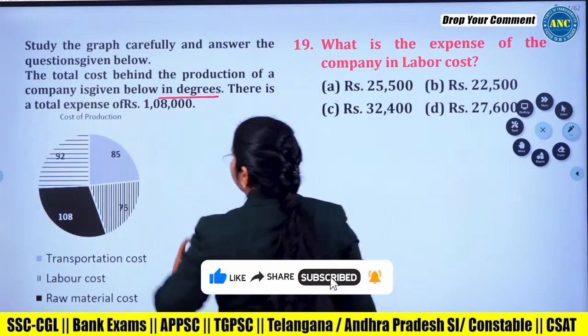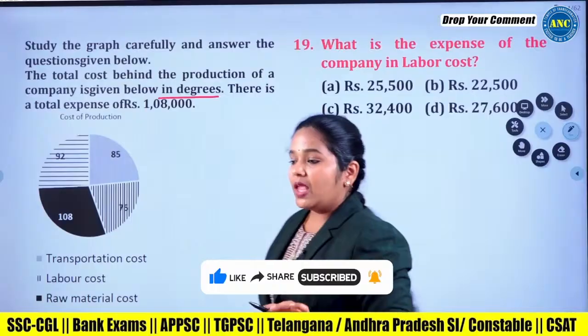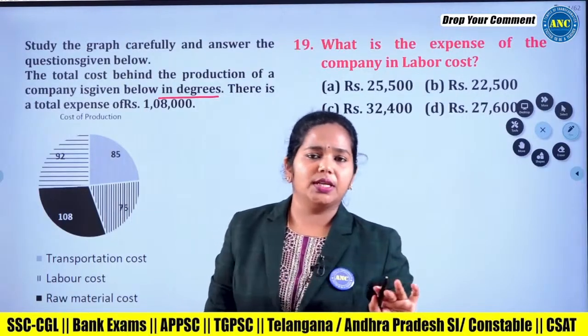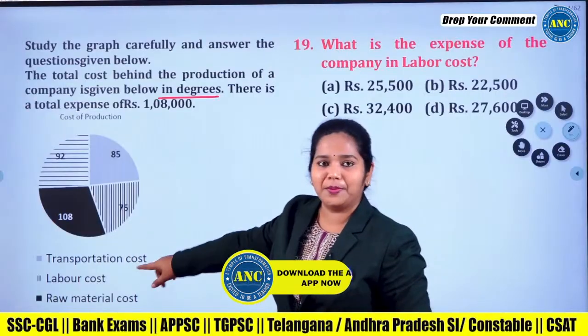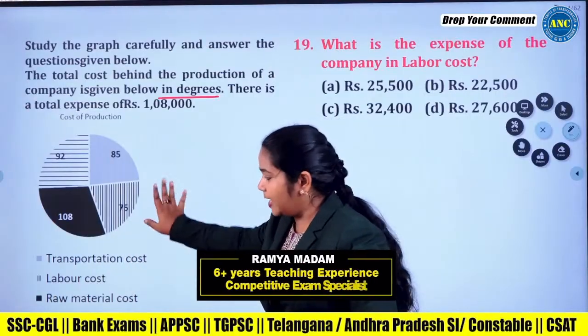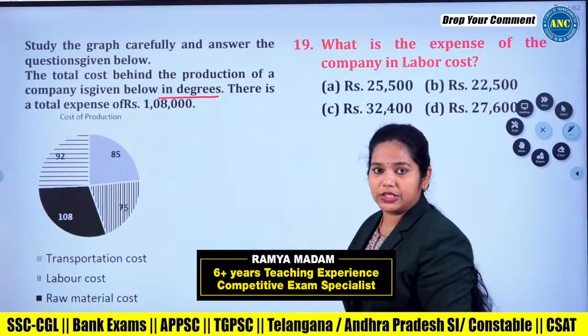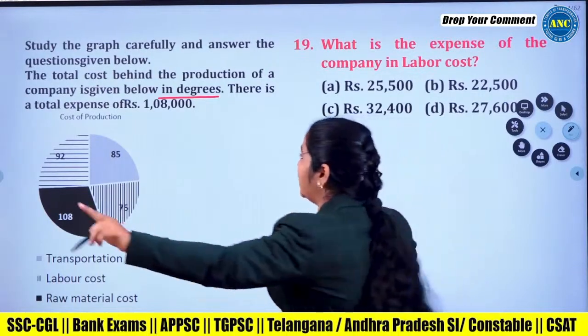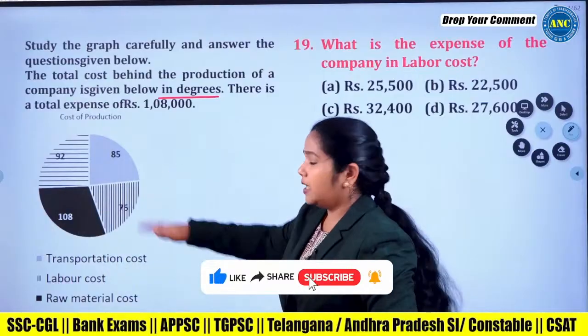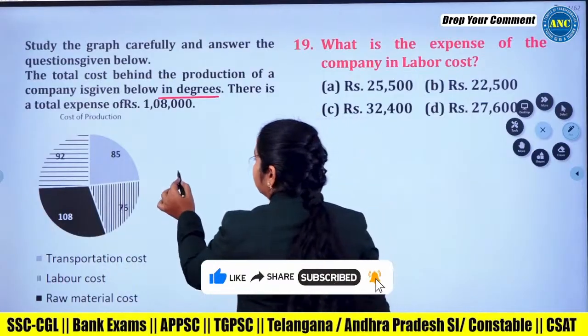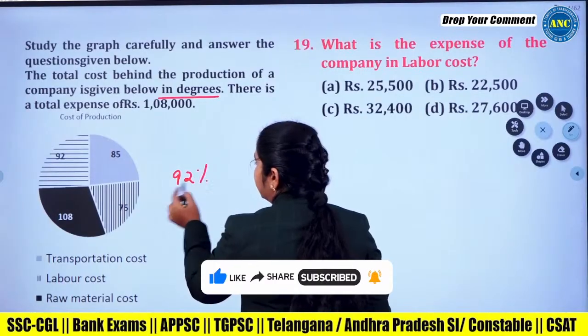Reading the question is important. See, when we are attempting in the examination, students generally tend to just look at the graph. They generally tend to look at the graph and directly go to the questions. But very important is reading this question. Because if you see, you might consider this to be in percentages. Okay, 92%, 85%.